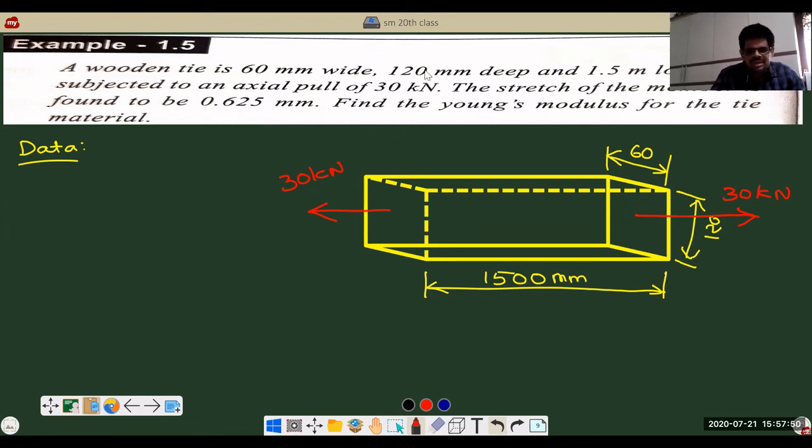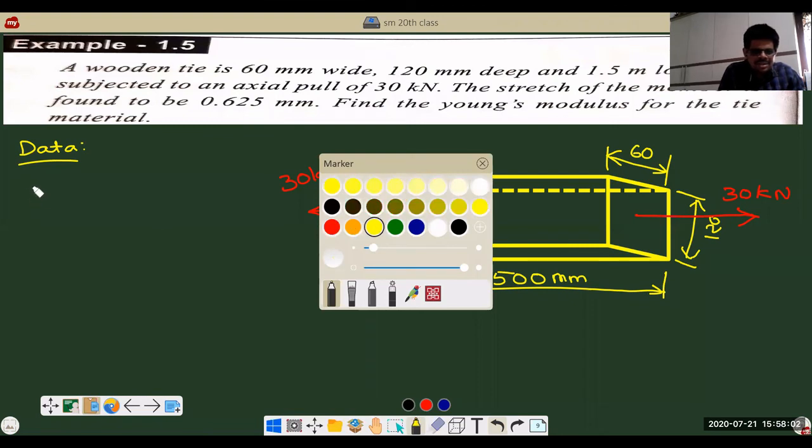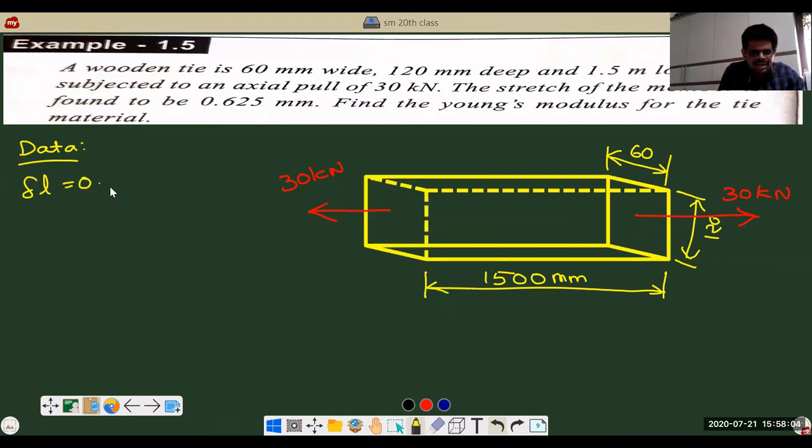That means its length is increased by that much, which is nothing but delta L. So delta L is 0.625 mm, and axial pull is 30 kilonewtons, or 30 into 10 cube newtons.